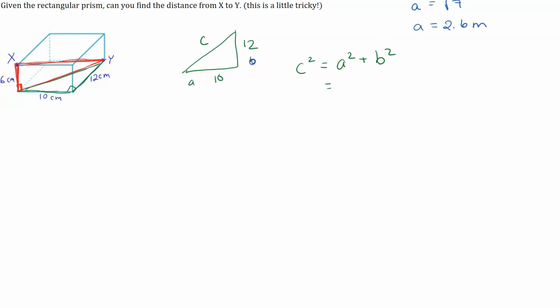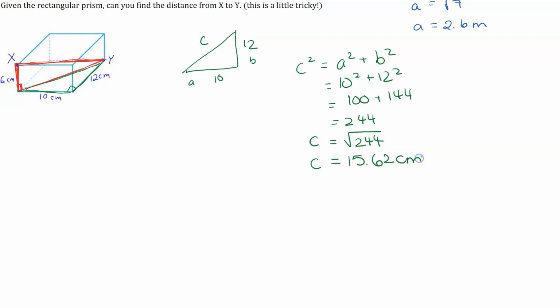If that's a and that's b, I would get 10 squared plus 12 squared, which is 100 plus 144, or 244. To work out c, I would take the square root of 244, and c, to 2 decimal places, is 15.62 centimeters.